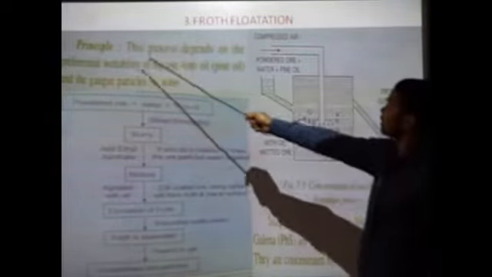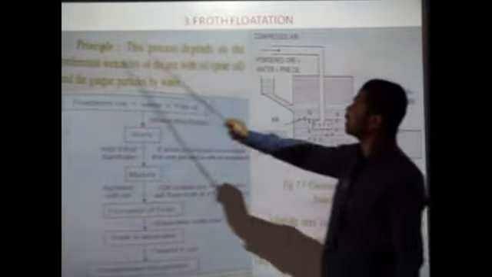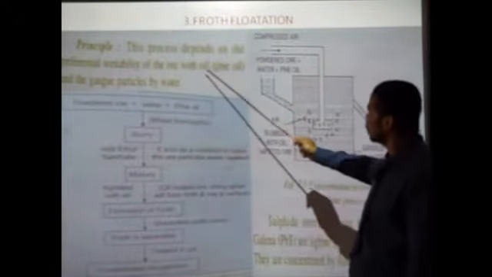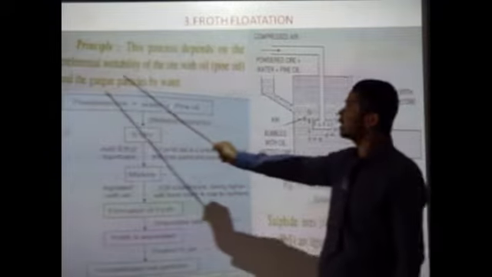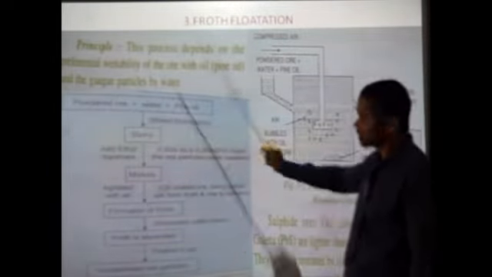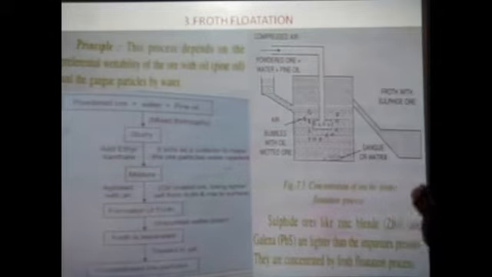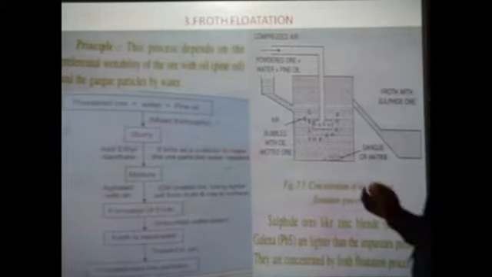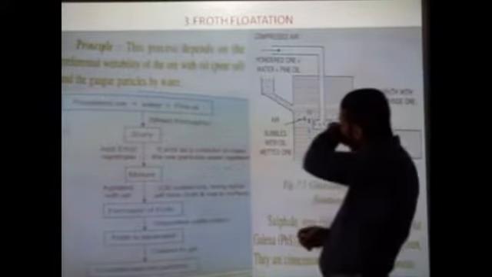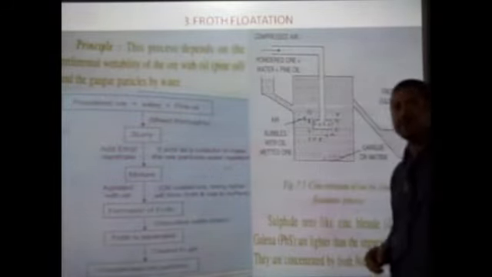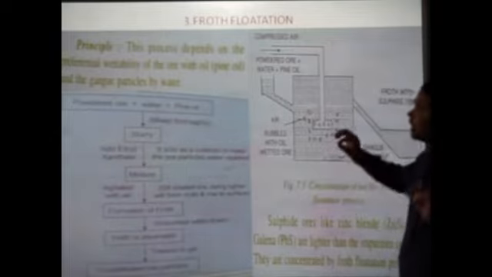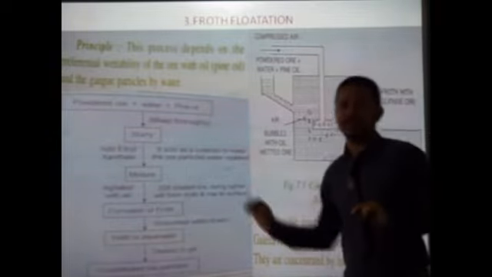So this process depends on the preferential wettability of the ore with oil. Generally, pine oil is used for the ore, and the gangue particles are wetted by water. So here one has to be hydrophobic and one has to be hydrophilic. Impurities have to be hydrophilic.